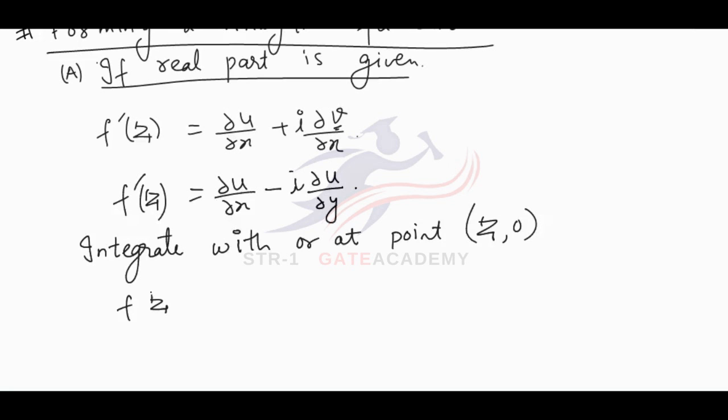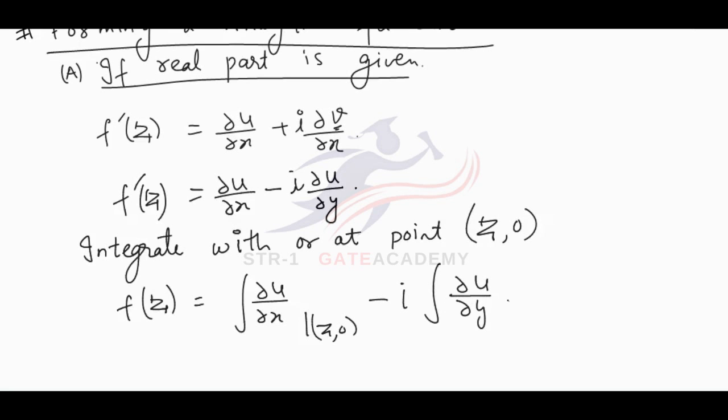The left hand side will become f z, and this will become integration of del u by del x with z comma 0 put in x comma y, minus iota times integration of del u by del y at z comma 0, plus c. Very simply you'll get the answer. We'll solve an example based on this.